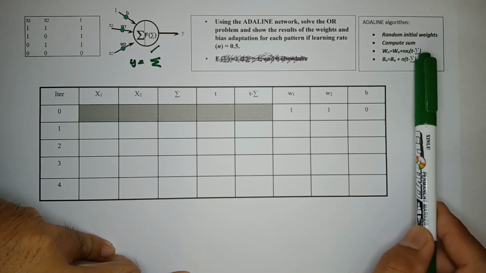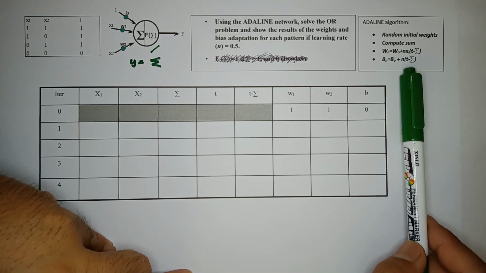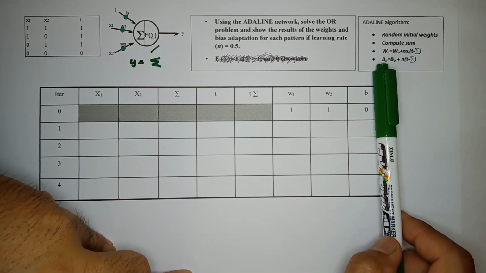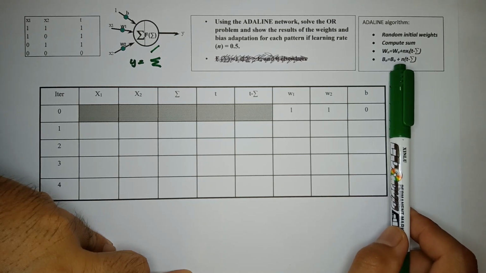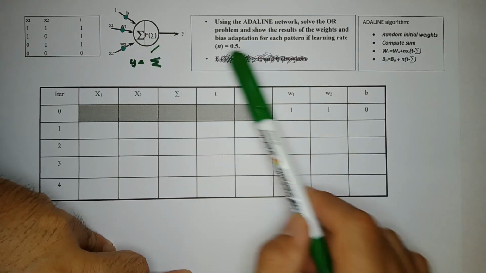This is the weight adaptation equation for the adaptive linear element. The same applies to the bias update: B new equals B old plus n, the learning rate, times (t minus summation of input).